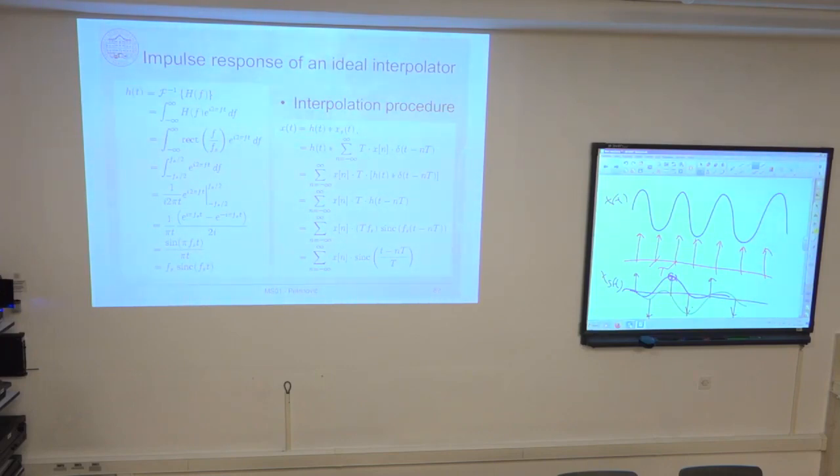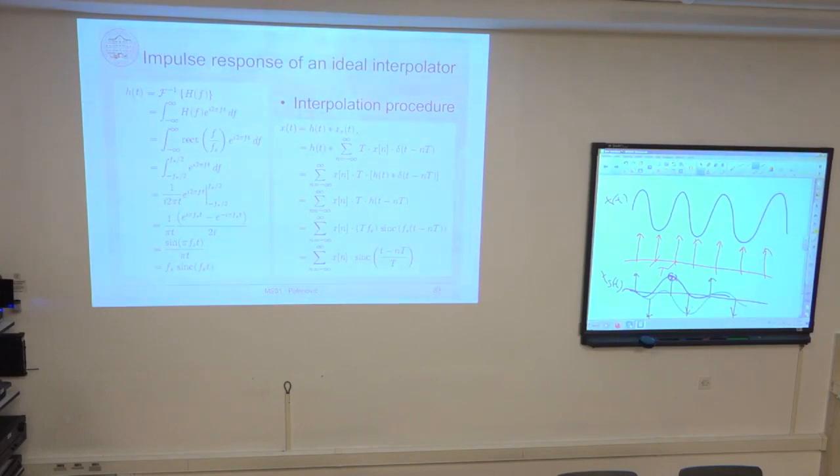So if I have an infinite number of samples, I have the contribution of each particular sample as an infinite function. One function, another function, another function. And if I add these infinite functions together, I will get the original signal x of t without any loss. It will be exactly equal to the original signal if the original signal was unlimited. So if I didn't have any frequency component above half of the sampling rate, the reconstruction would be ideal.